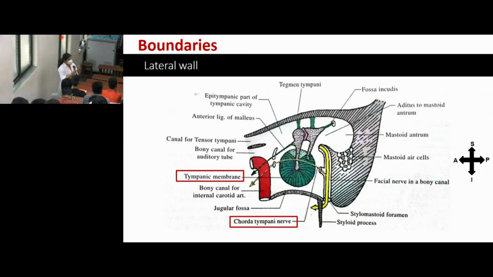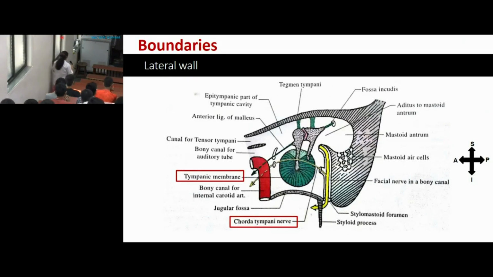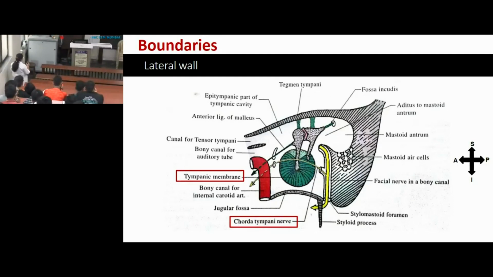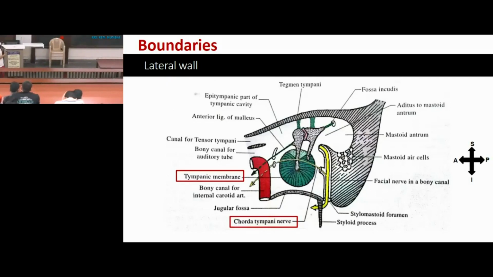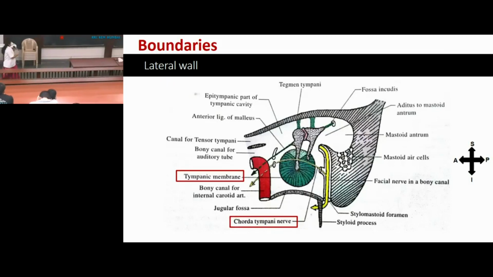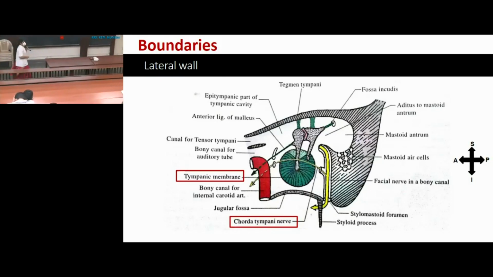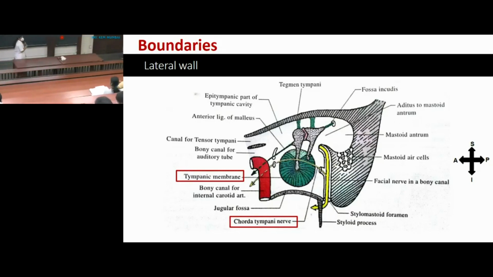That's why the tympanic membrane is divided into 2 parts. The upper part is lax and the lower part is tense. The upper part is called pars flaccida and the lower part is called pars tensa. So pars flaccida and pars tensa are the 2 parts of the tympanic membrane which are present because of the absence of the upper attachment of the tympanic membrane.